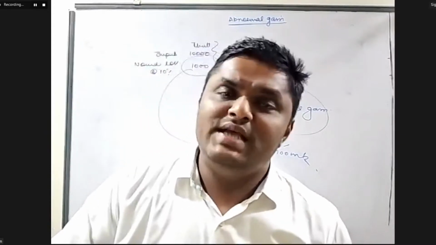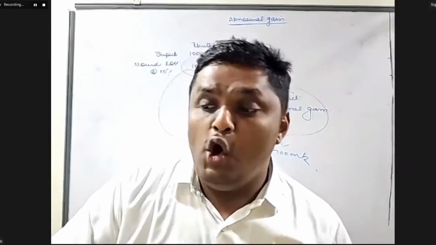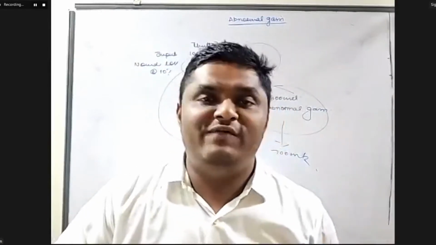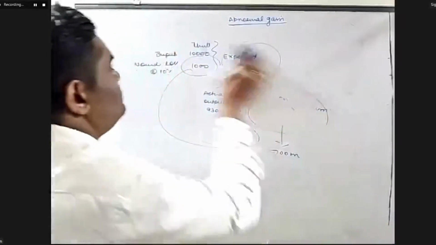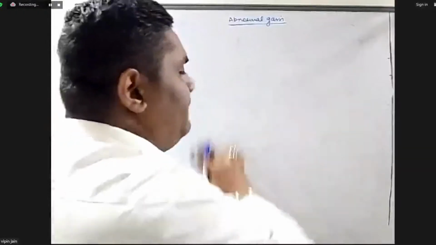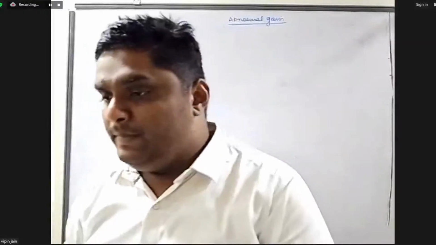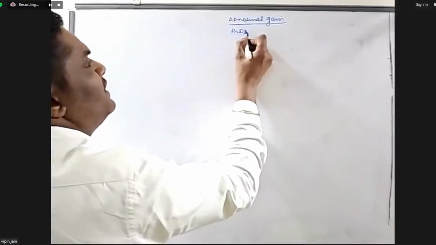So let's start with the same example, that is example number 3 of my notes. The second part also answer if the output is 4850 units. So let's start. The second part of example number 3. We have to prepare process account.